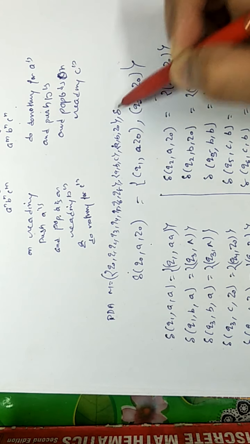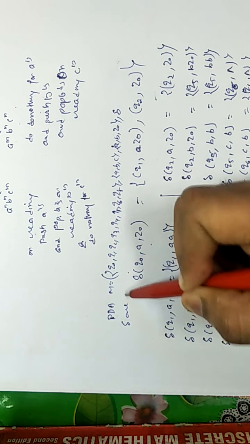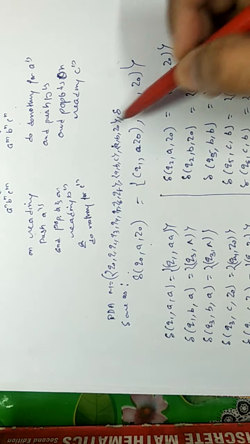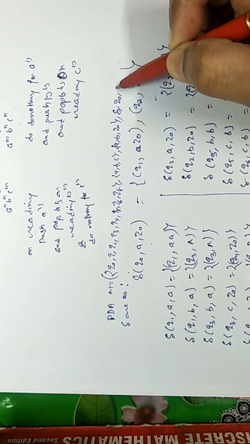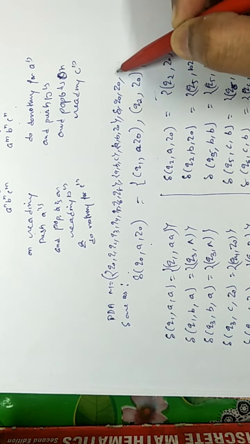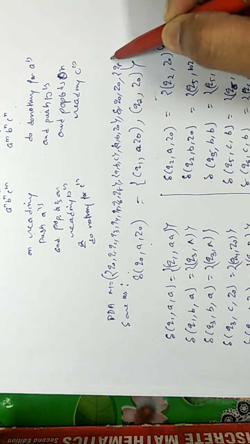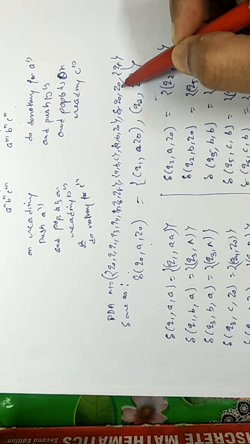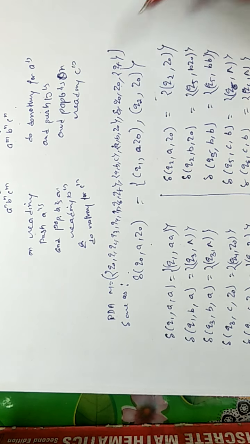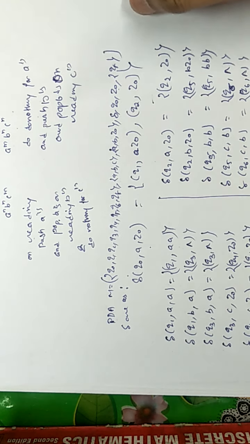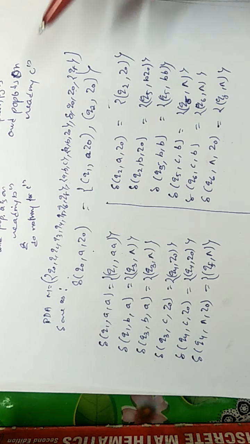Transitions are as these: q0 is the start state, z0 is the stack initial symbol, and qf is the final state. And this PDA can be accepted by empty stack also.